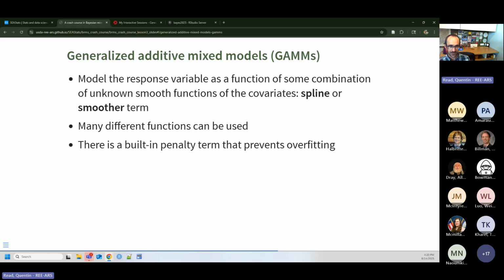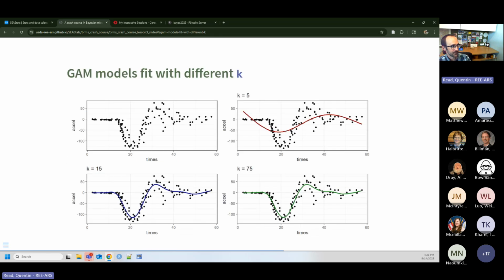What you need to know is it's trying to fit a squiggly line to the data, but not too squiggly. In addition to the priors, it has its own built-in penalization process to fit the data well without overfitting it. And I'll show an example of how that might work.